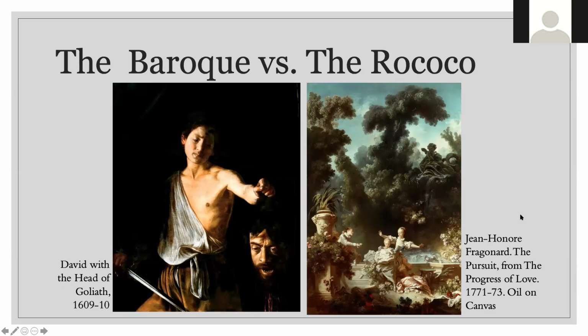And let's see the painting. The left one is the Baroque style painting, and the right one is the Rococo style painting. So the two paintings use deep contrast lighting well, but seem very different. What's the difference?